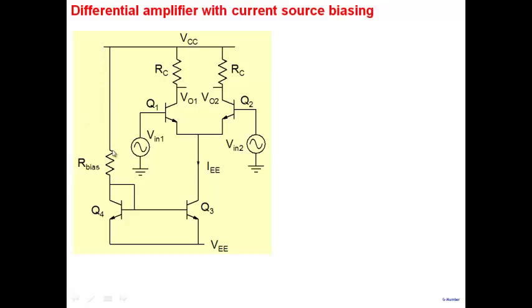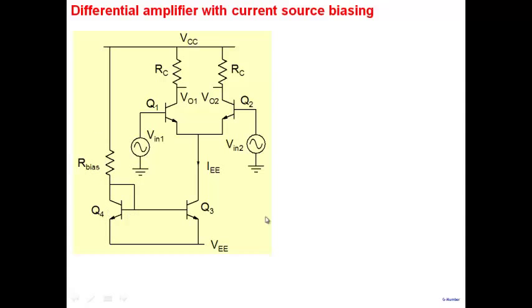If we look at this side, we know that we have VCC at one end of our bias resistor, and at the other end we have this voltage, which is the same as the base voltage. We know that this voltage is equal to the negative supply voltage plus 0.7. So we know the voltage at both ends, and therefore by choosing R bias of a desired value, you can get any current to flow in Q4.